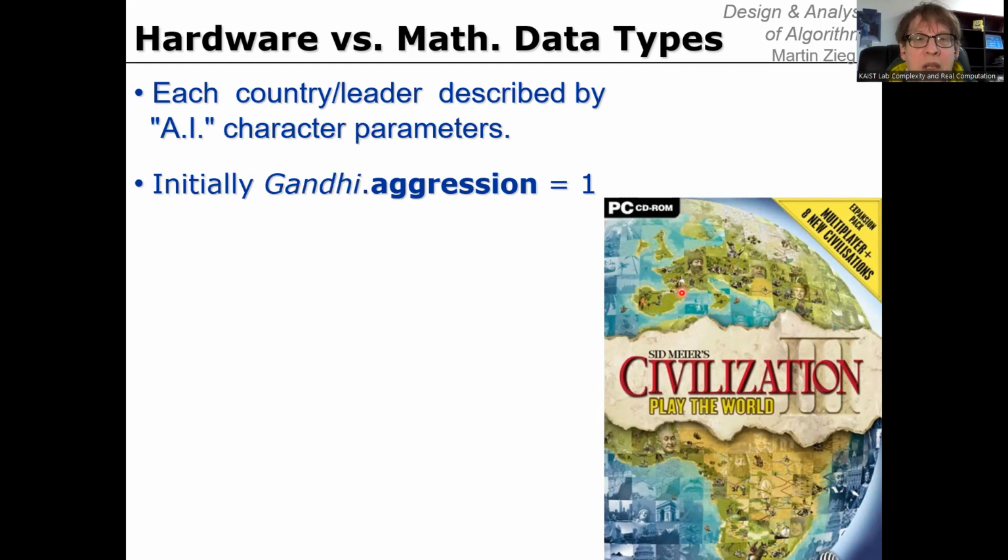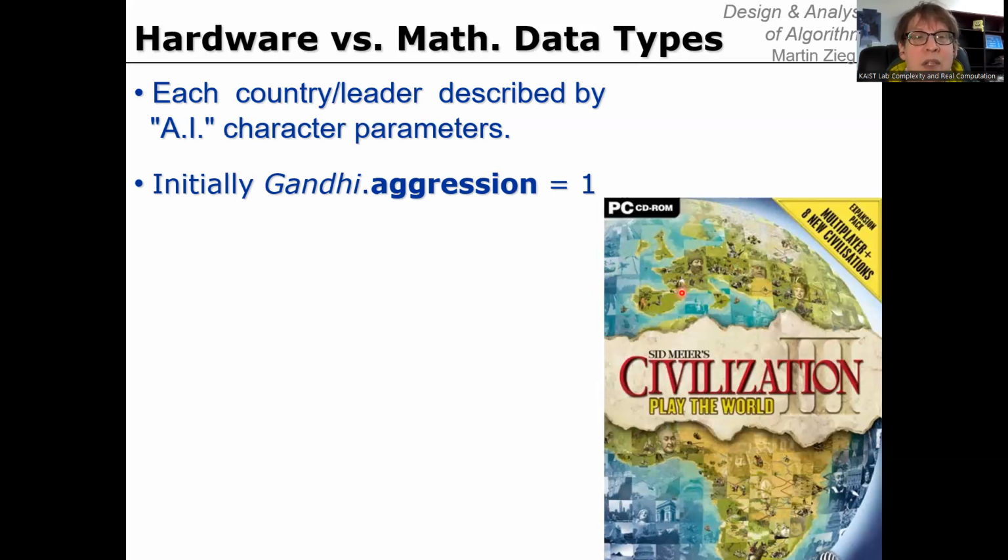For example, India would be governed by a virtual Gandhi, and reflecting the actual Gandhi, this Gandhi was described among other parameters with an aggression parameter, which was very low, namely aggression level 1, whereas other countries and leaders would be governed by maybe more aggressive virtual entities.